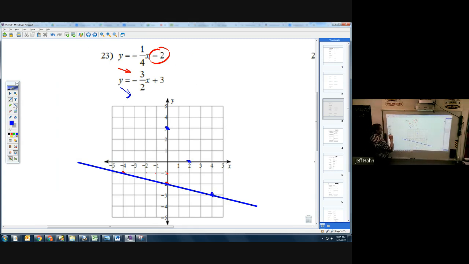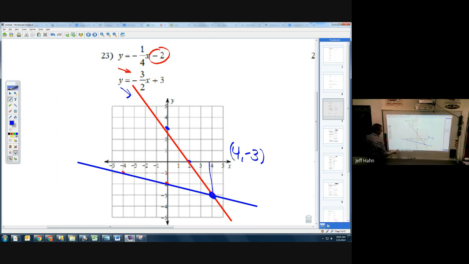It's going to cross right there, but I still need to draw a line. Down 3 over 2. And that's your answer right there, right where they cross. This bad boy right here: 4, -3.